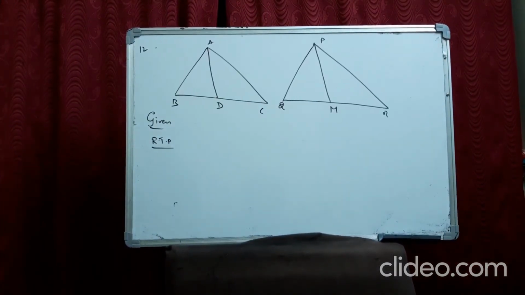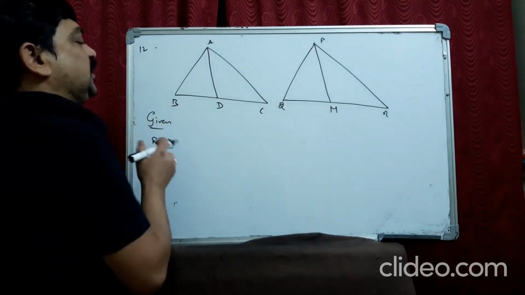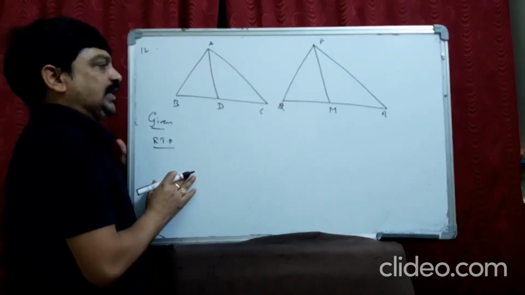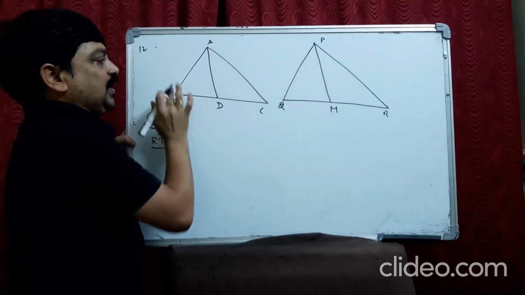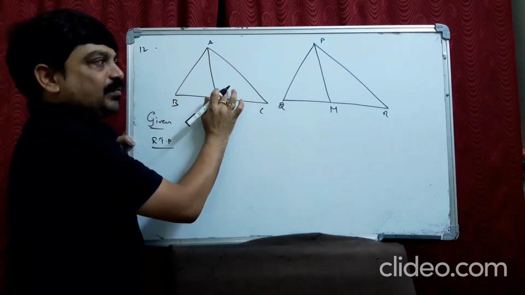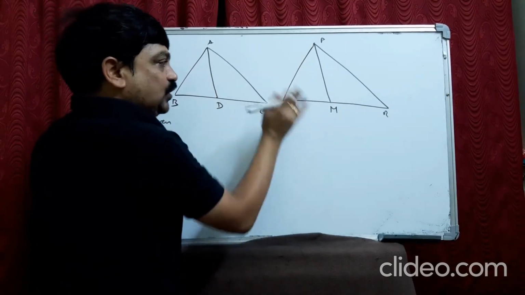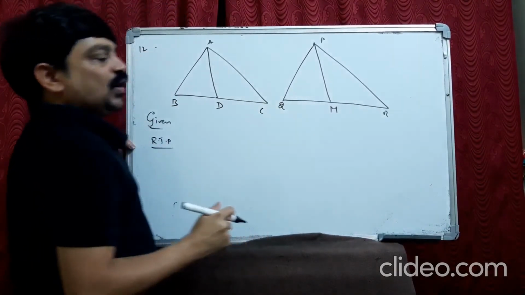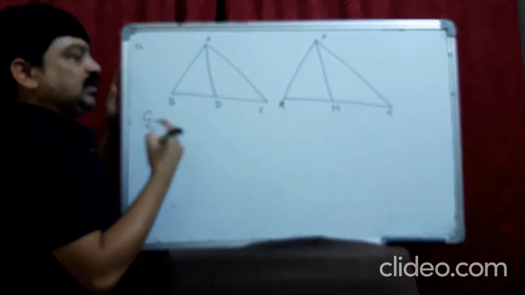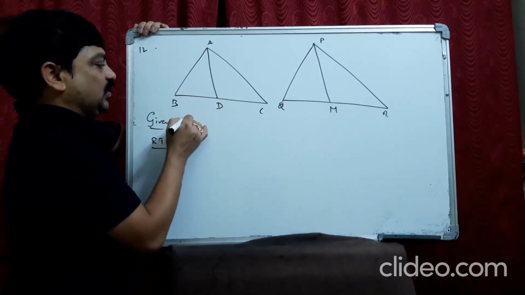Okay, see the 12th question. You are given two triangles, and AB, BC and AD, the median (AD is a median here), are proportional to PQ, QR and PM of the other triangle. Then you have to prove that these two triangles are similar. What is given here?